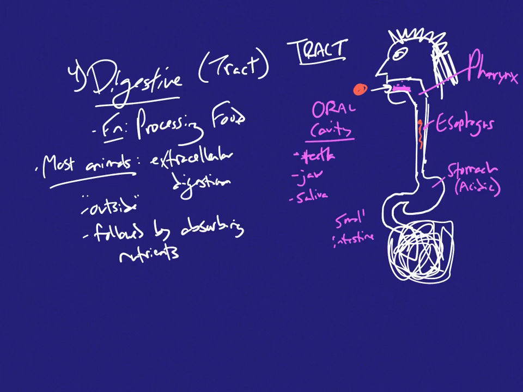I could be totally wrong about that, I'm kind of having a brain fart here. But it's very, very long. In the baby pigs that we usually dissect, it's over 6 feet long. And then after that, the food will move into, although it won't really be like food anymore, the large intestine.